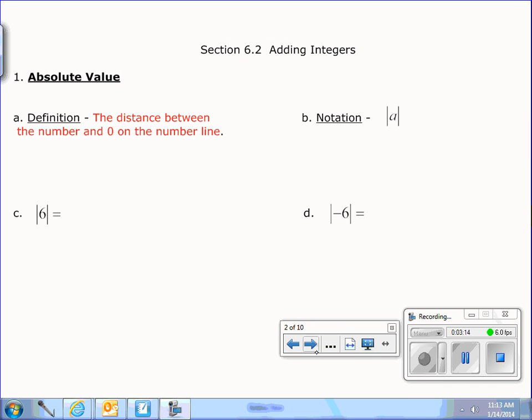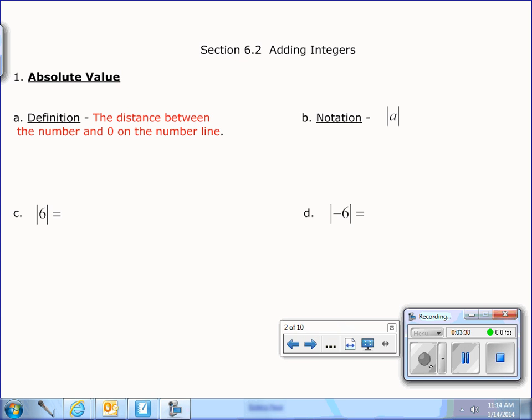So you'll notice the absolute value. Its definition is the distance between the number and 0 on the number line. In notation, when you get ready to note absolute value, the number will go between these 2 bars, symbolizing absolute value.